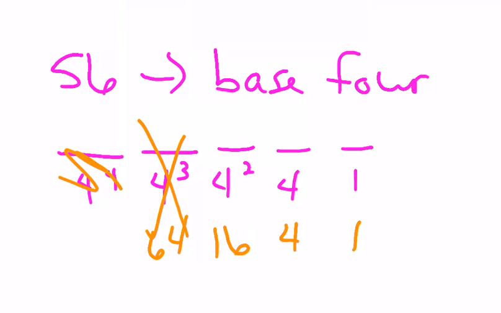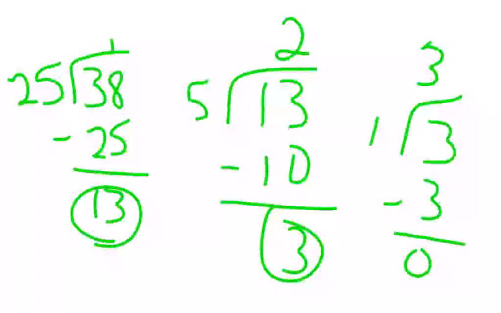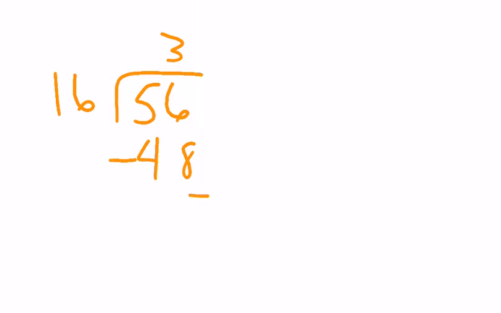So again, a 3-digit number. So we need to divide. So 16 into 56. We need to figure out how many times 16 goes into 56, and it goes in 3 times. And so 16 times 3 is 48.